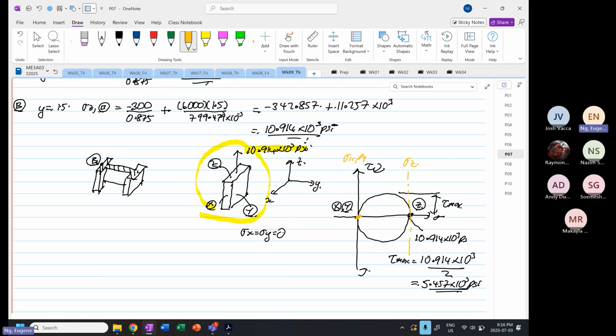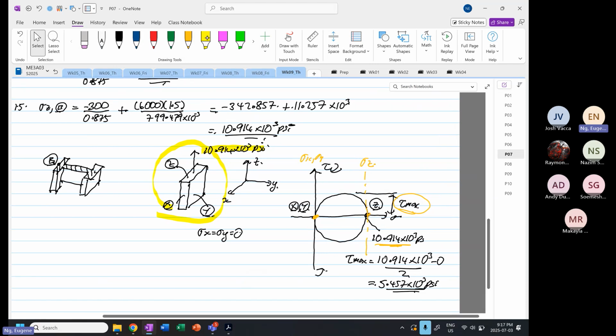So you have 2 points, you can only draw one circle, yes or no? When that's the case, this point is equal to 10.915, and the radius, the tau max, because this is equal to 0, is 10.915 minus 0 divided by 2. And that's where you have 5.457. Andy, does that make sense to you?